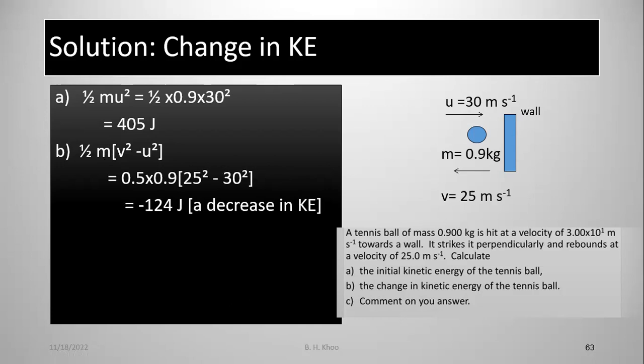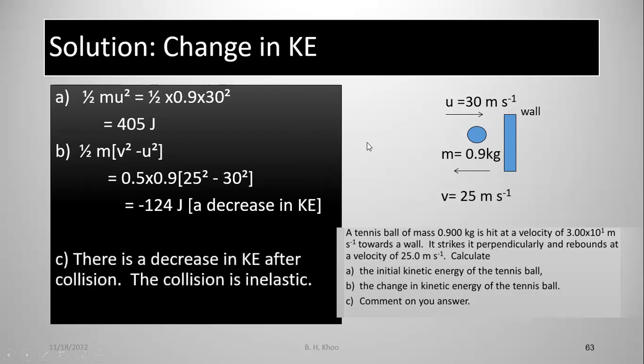If there's a negative sign, it shows there's a decrease because you're comparing the final to the initial. But if you want positive, you use initial kinetic energy minus final kinetic energy. And this is an inelastic collision, where there is a decrease in kinetic energy after collision.